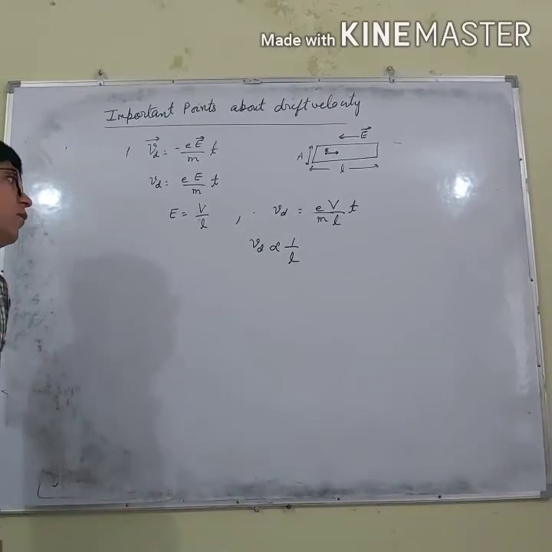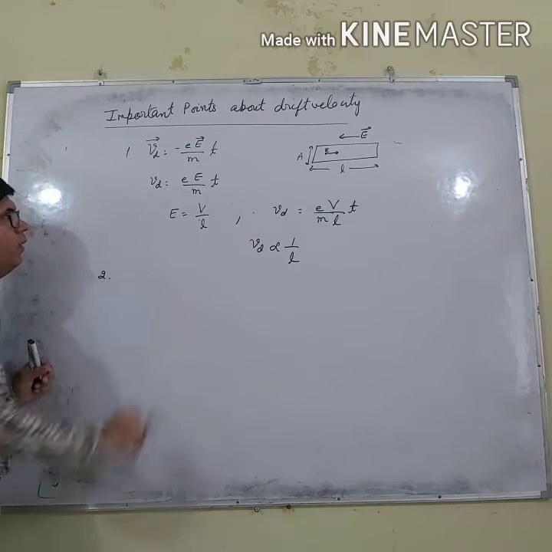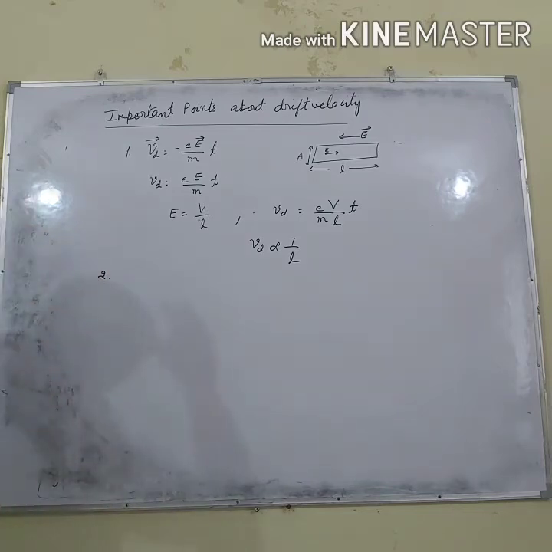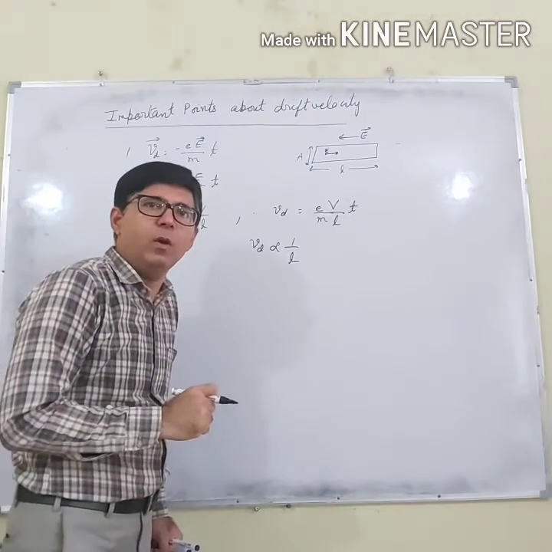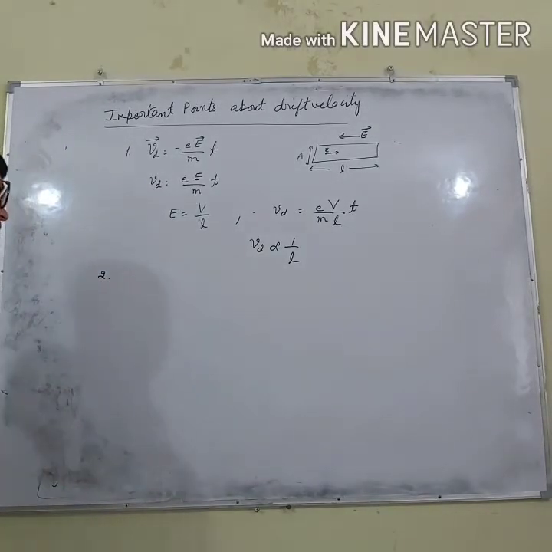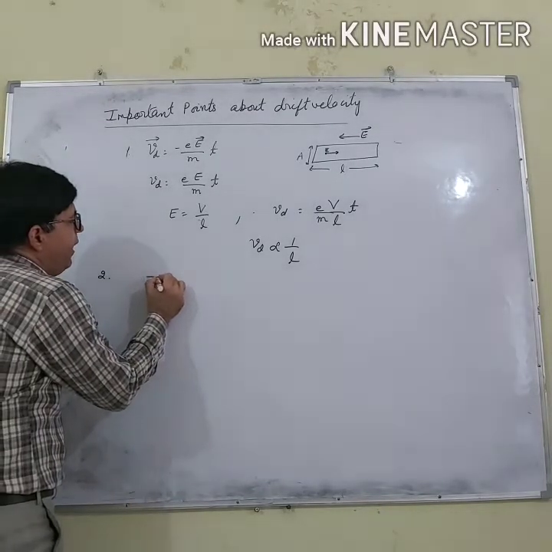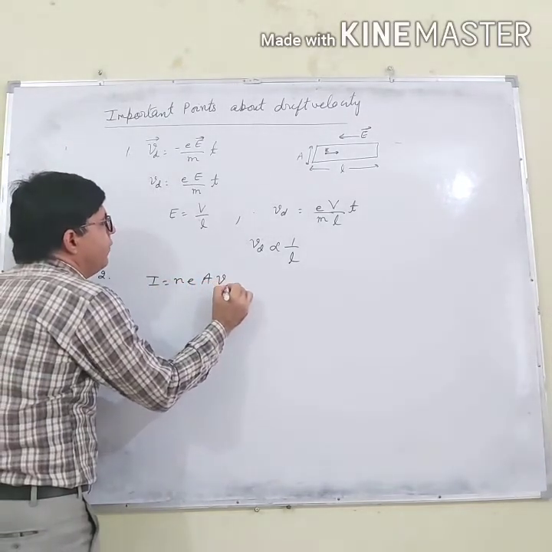More is the length, more will be the drift velocity. The second point that you have to keep in mind is how drift velocity depends on the area of cross section. We have done I equals n e A Vd.